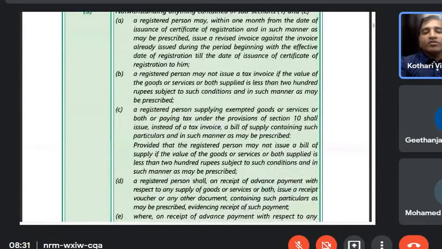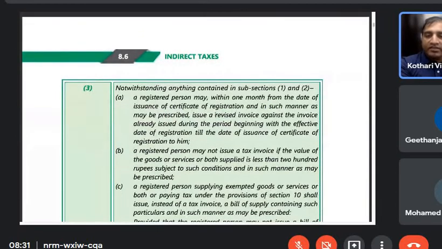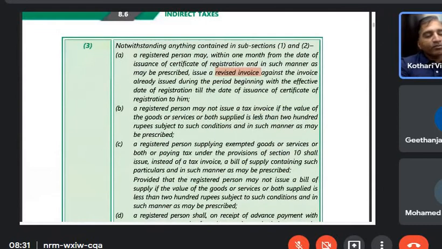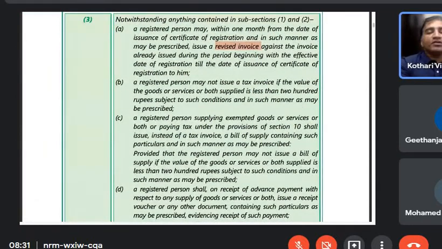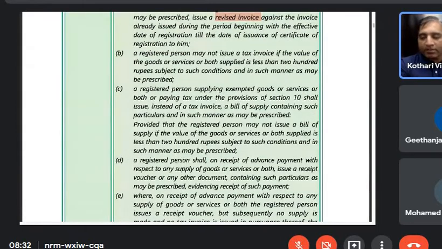So what are the documents we have seen? First document is the tax invoice, and we have seen the time limit for the tax invoice. Next is the revised invoice, only for a newly registered person, and that too for a specific period, from the period he is liable to register till the effective date of registration. Whatever invoice he has issued in that period, for that he can issue a revised invoice. Next, for an amount less than 200, a tax invoice or bill of supply need not be issued. If you are making an exempted supply, or the supply is made by a composition levy dealer, then he will issue a bill of supply.